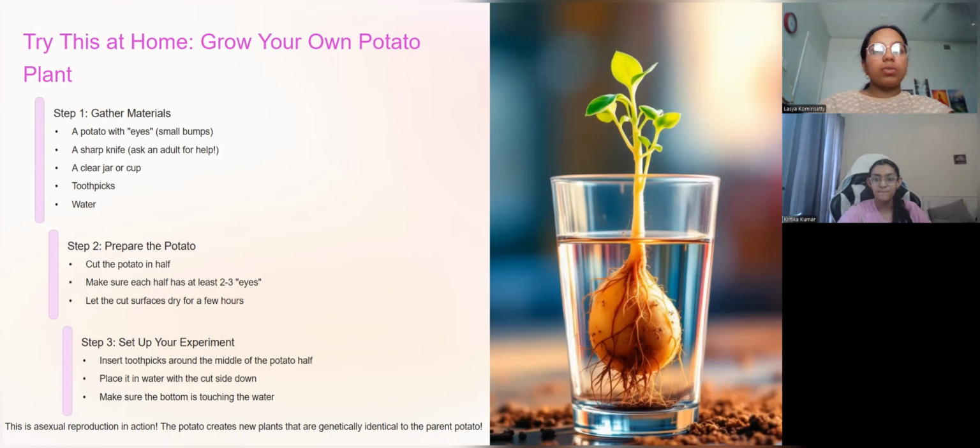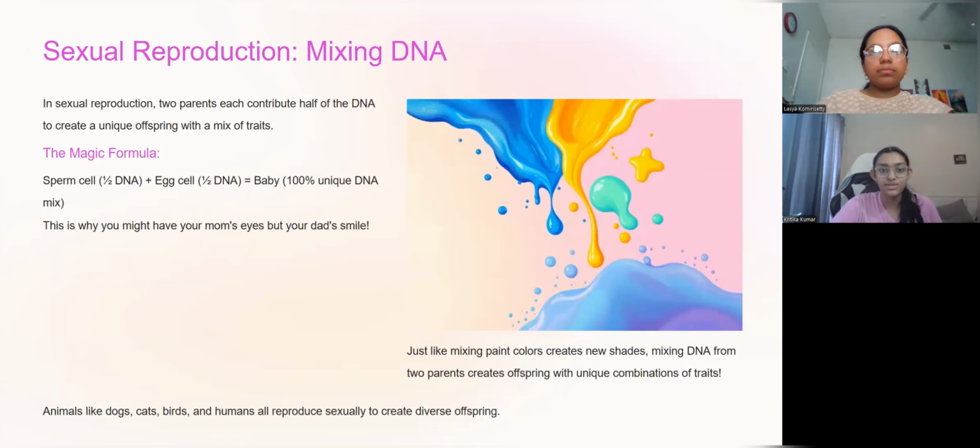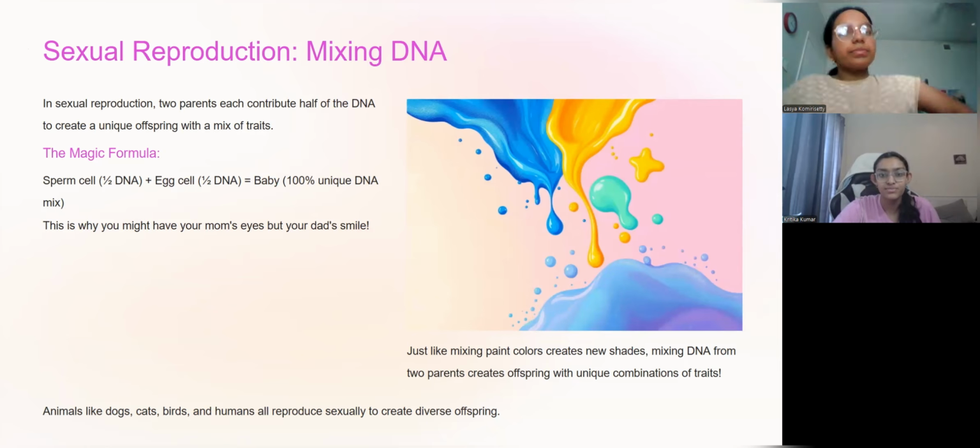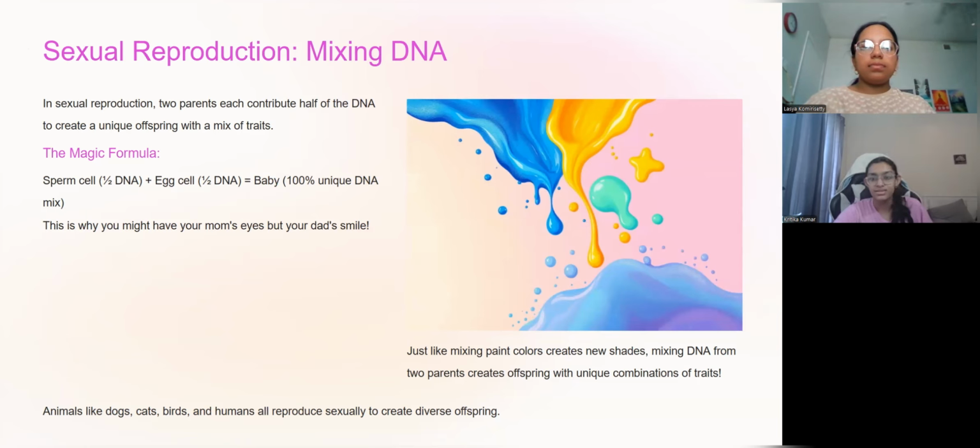Yep. And now we're going to talk about sexual reproduction, mixing DNA. In sexual reproduction, two parents each contribute half of the DNA to create a unique offspring with mixed traits. This is what humans, animals, plants, and all do, rather than asexual reproduction, which bacteria and the worms that we talked about do.